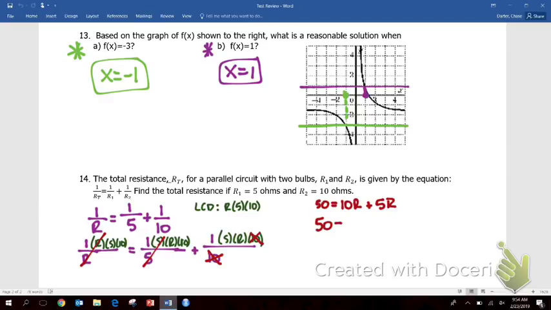So 50 equals 15R. Divide by 15. So 50 over 15 equals R. We can divide those both by 5, so we get 10 over 3 equals the total resistance.